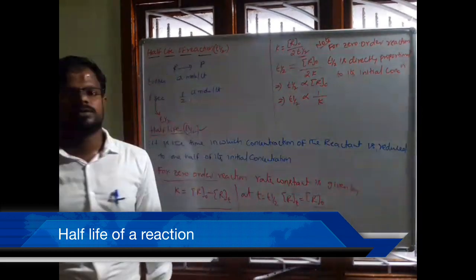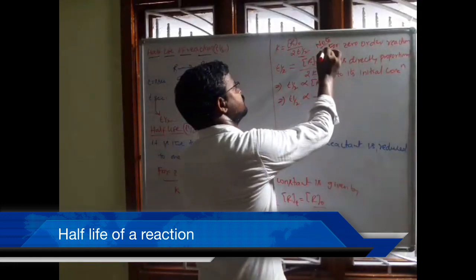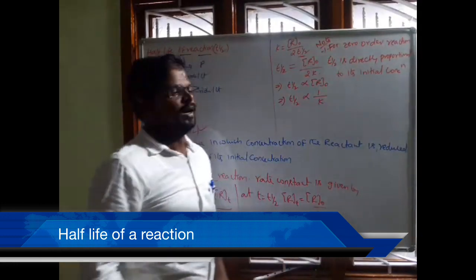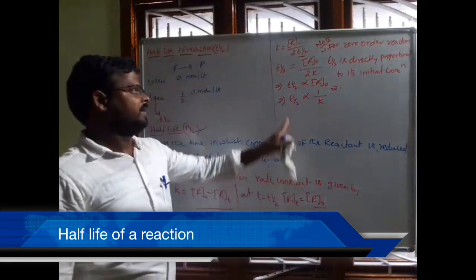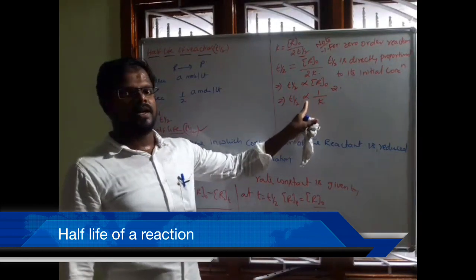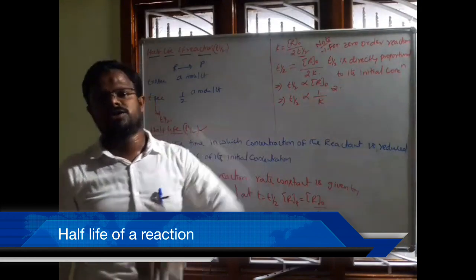It is point number 1. And the second point is that T half of a zero-order reaction is inversely proportional to the rate constant.